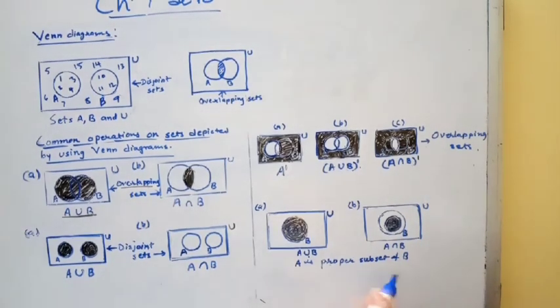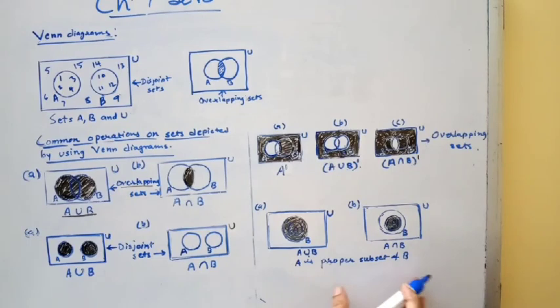Now when A is a proper subset of B, then A union B is represented by this shaded portion, as all the elements of set A are elements of set B. So we shade both the circles in A union B. Now in A intersection B, as all the elements of A also are elements of B, their intersection is the set A only.